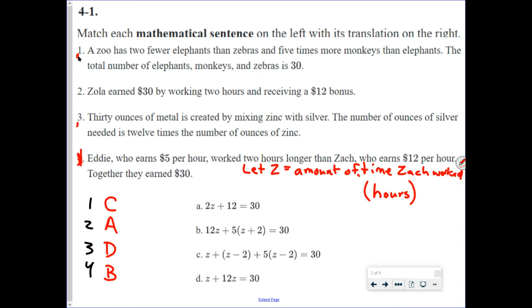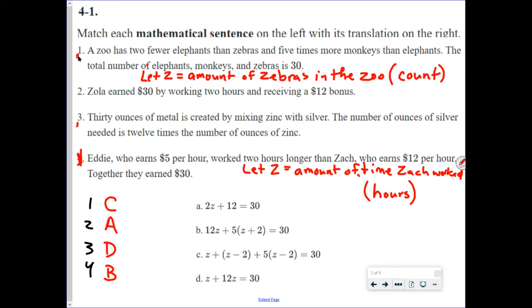Okay, so z was the amount of time that Zach worked in hours. All right. Now, let's go to this top one here. This is let z equal the amount of zebras in the zoo. Okay, and in this case, we are going to say we are just count. Count is when we just count the numbers, where it's not really zebras, it's count.